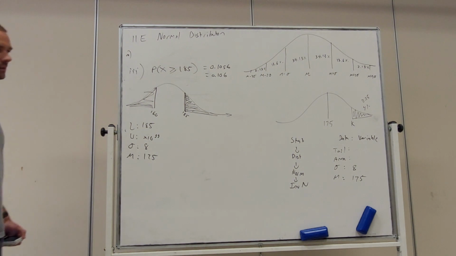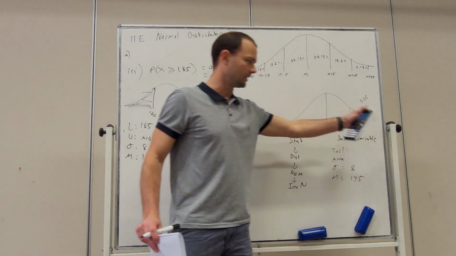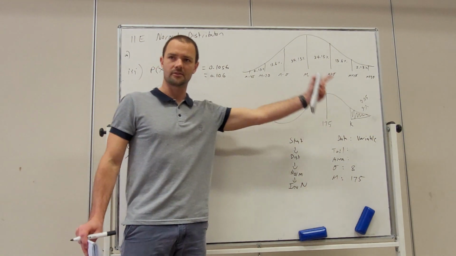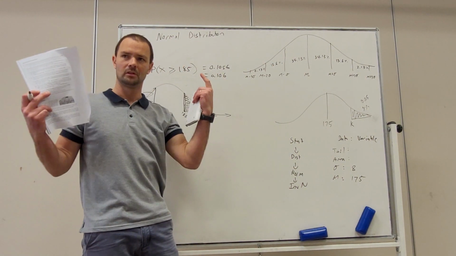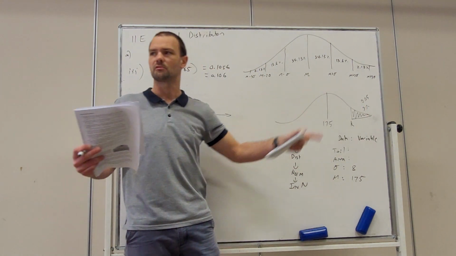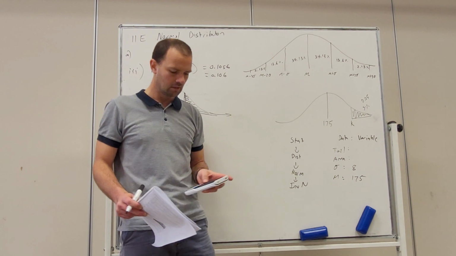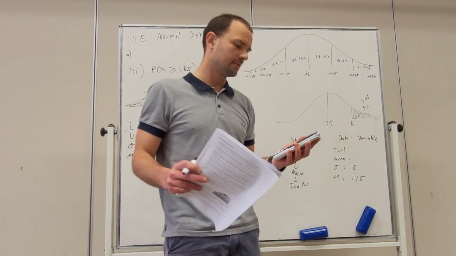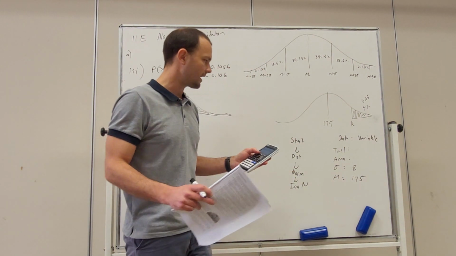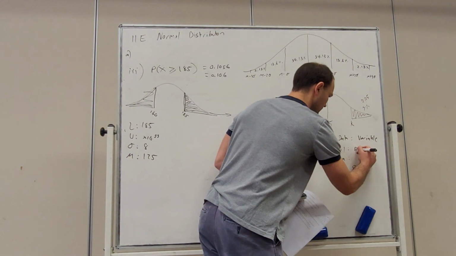Now the tail is which end of the region is shaded. Is it the right end, is it the left end, or is it the middle? We can see the right end is shaded. Our tail is right. So when you scroll down to tail, you'll see you've got three options: left, right, or central. Our tail is right because we've shaded the region to the right.